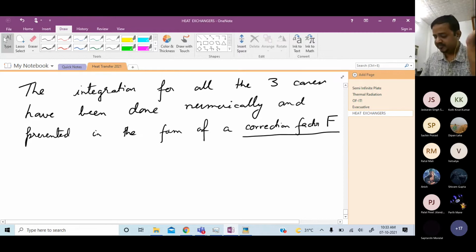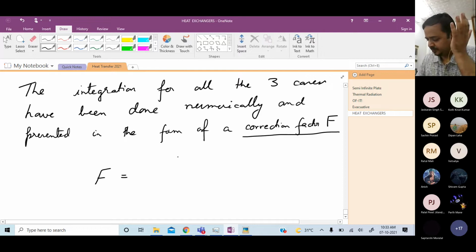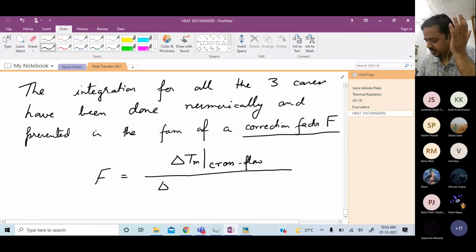What is F? You have these charts for F, which is delta Tm for cross flow, depending on the case, divided by delta Tm for counter flow.